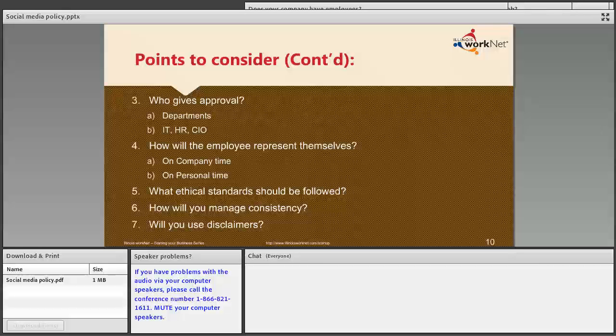Who gives approval? If it's a large company or a governmental body, they may have multiple social sites that represent the various arms of an organization. I remember I used to work for a county government, and each different major department had their own social media representation governed by that department.